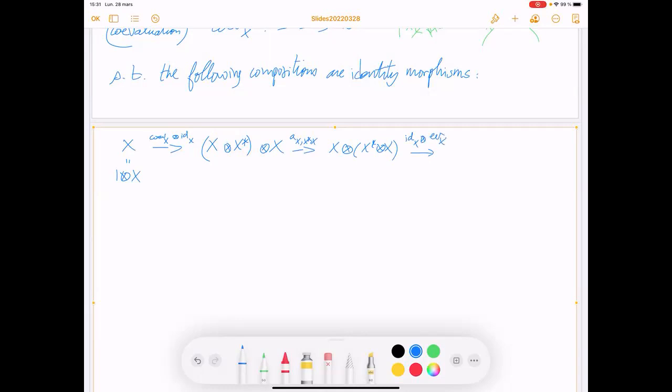What you get is X tensor 1, which is X. So you get a map from X to X, and this map is assumed to be the identity.